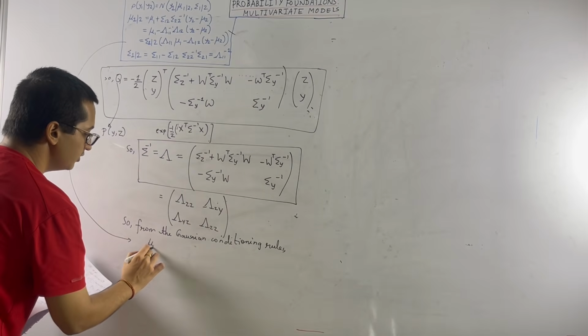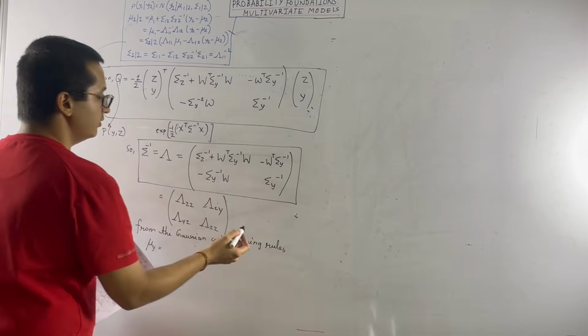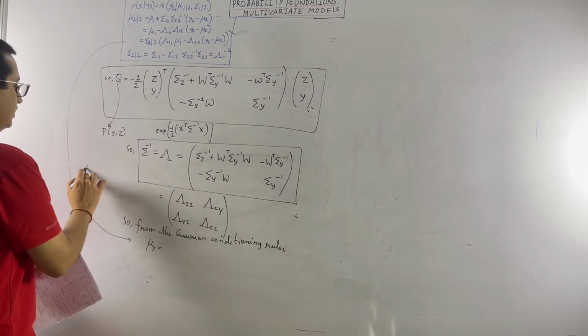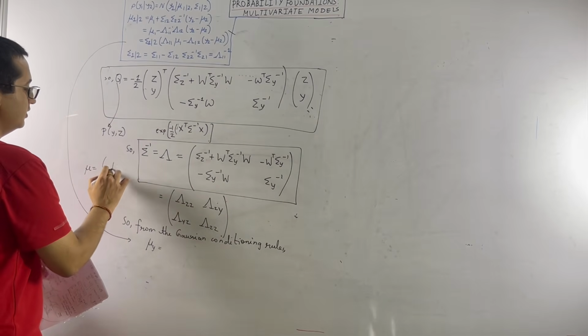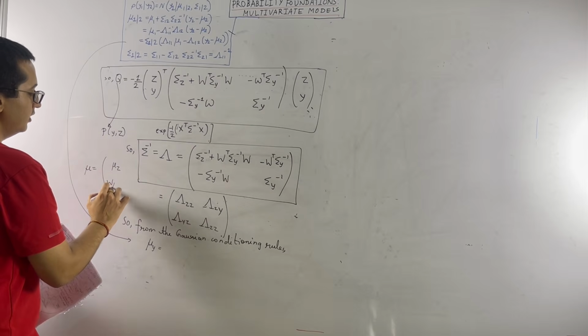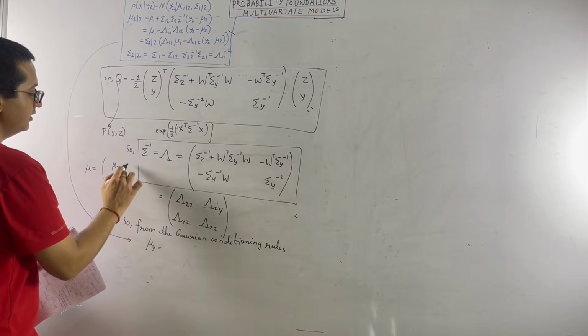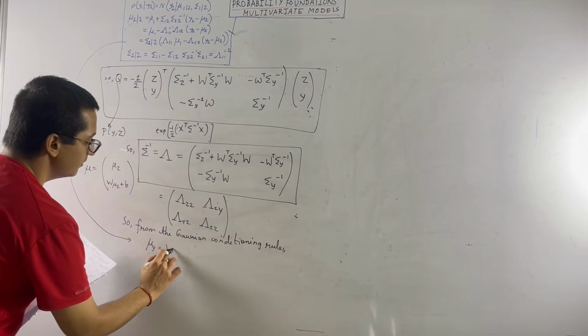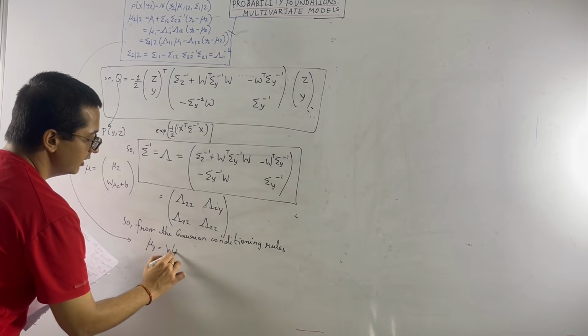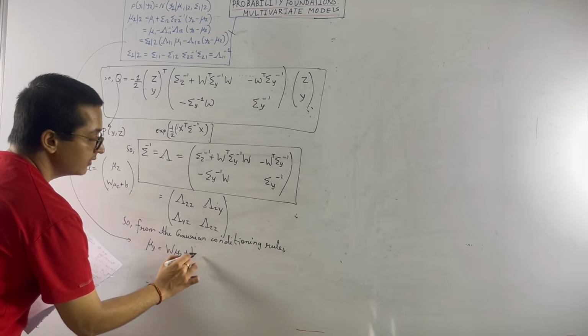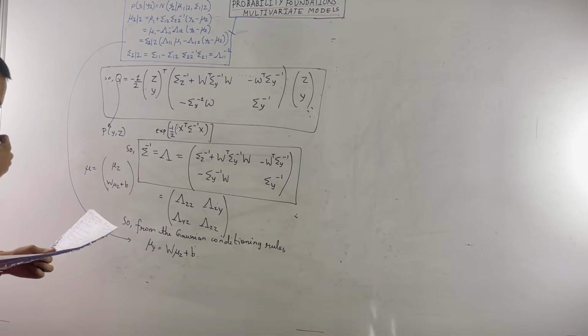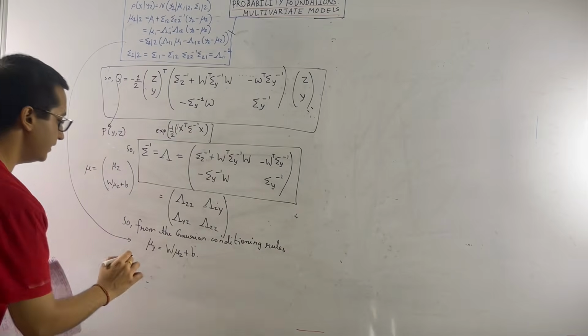firstly, what was mu y, the mean vector that we had? If you recall, it was mu z and w mu z plus b. So mu y, the yth component, is w mu z plus b. All right, this is clear. Now what am I interested in?